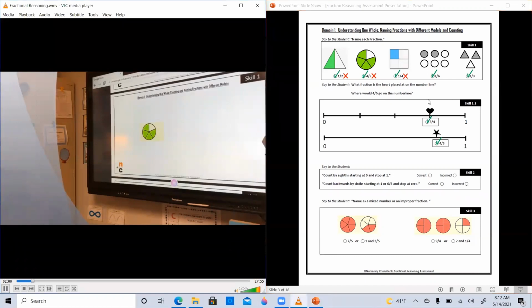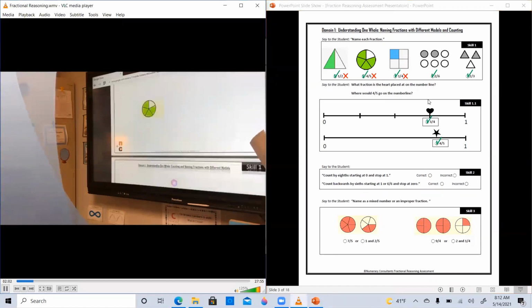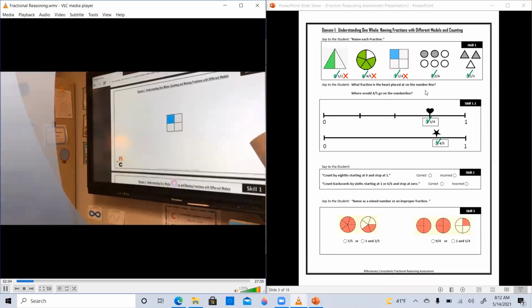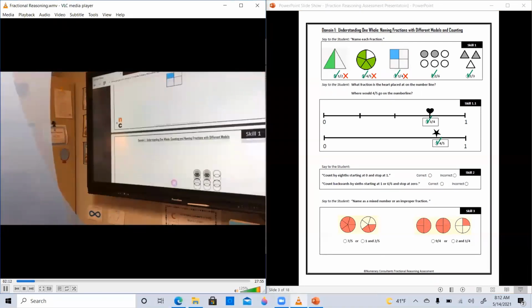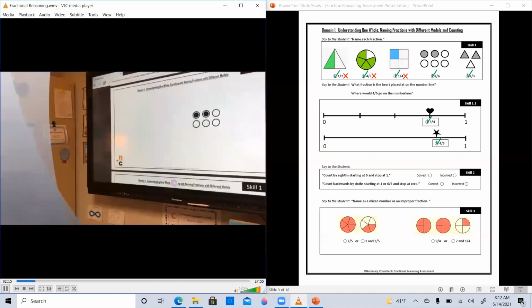Okay. 6/2. Okay. What fraction is that? 1 out of 3. 1 out of 3. Okay. And what fraction would that be? 2 out of 6.